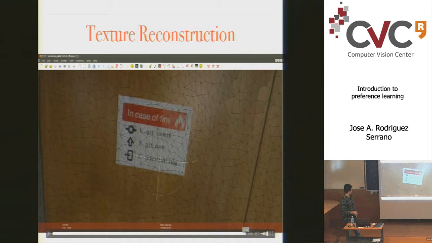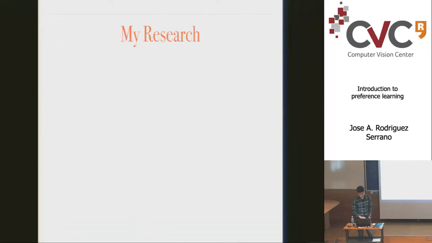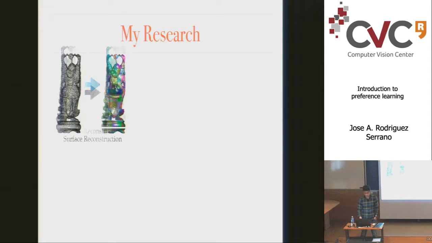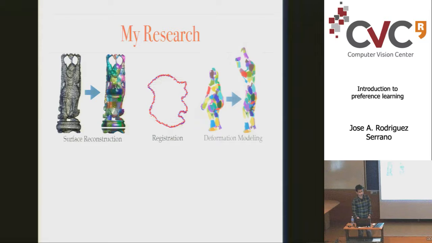I just opened it in MeshLab to show that it's exportable. So this is what I've been doing at PixMap. In my research generally, I've always been working on 3D vision, as I explained, on surface reconstruction and point cloud registration.